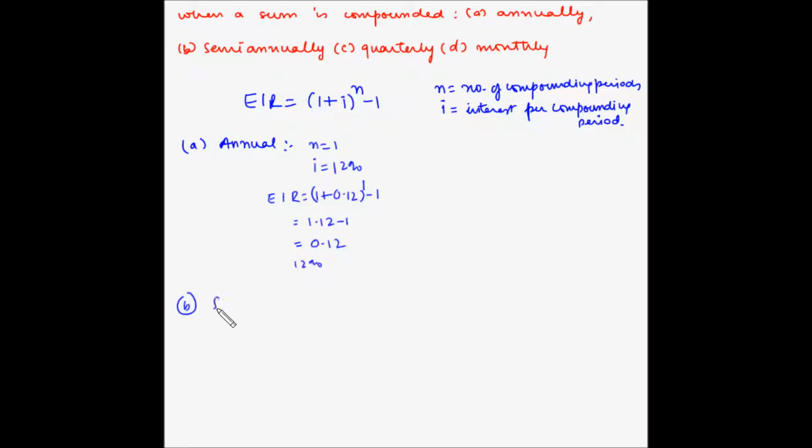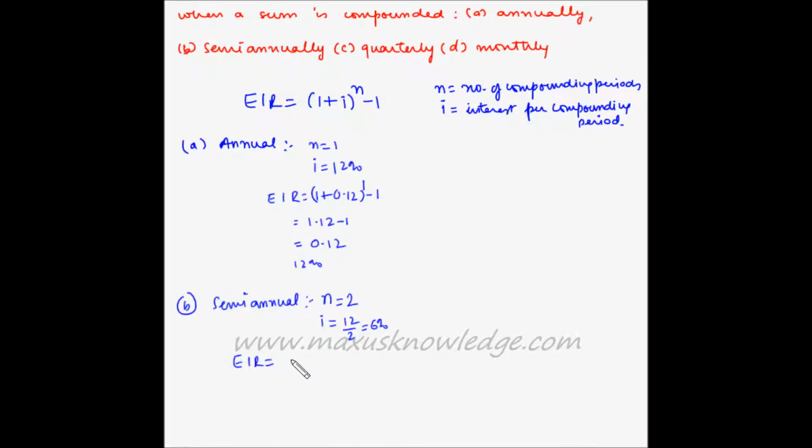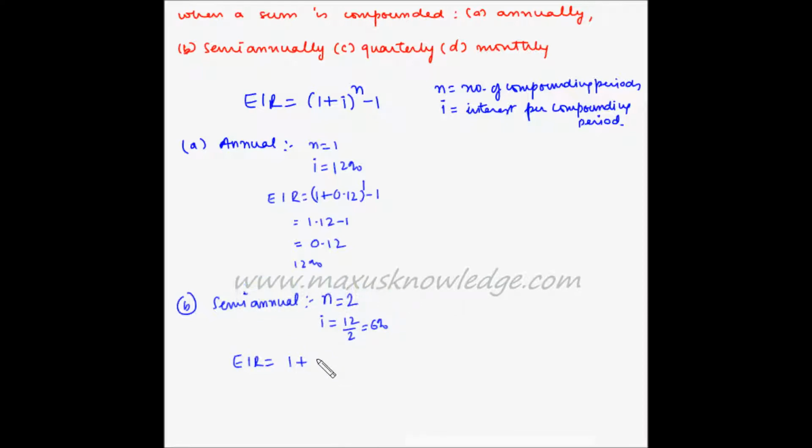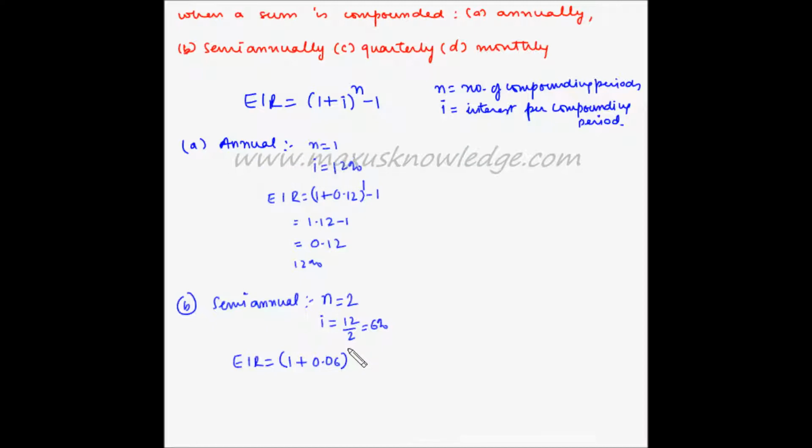Now let's move to semi-annual. In case of semi-annual, the number of compounding periods becomes 2, and the interest rate per period will become 12 divided by 2, which is 6%. So the effective interest rate will be equal to (1 + 0.06)^2 - 1.